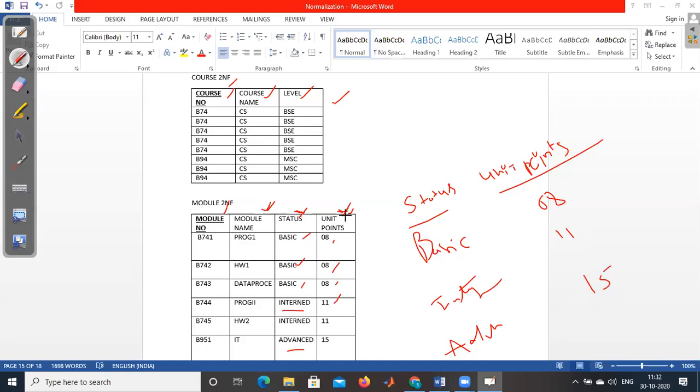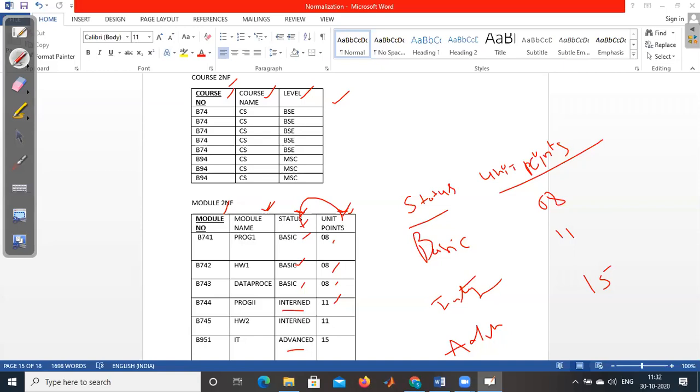So unit points do not depend only on the module number, they also depend on the status. That means if you know the status, you can get the unit points.